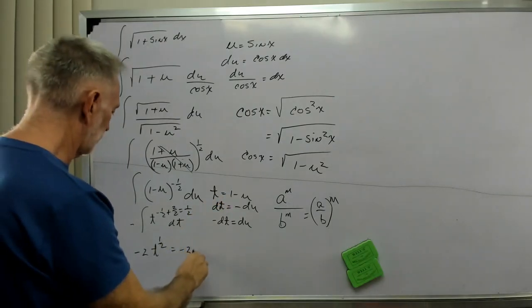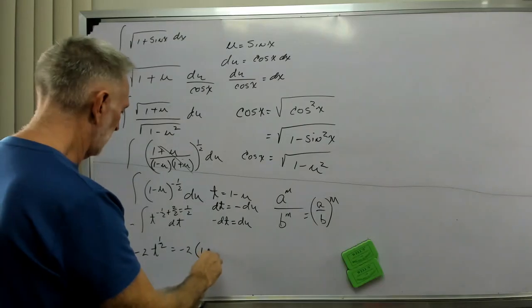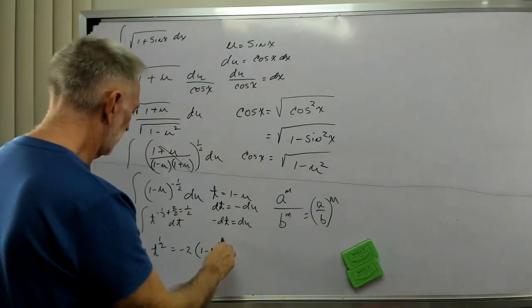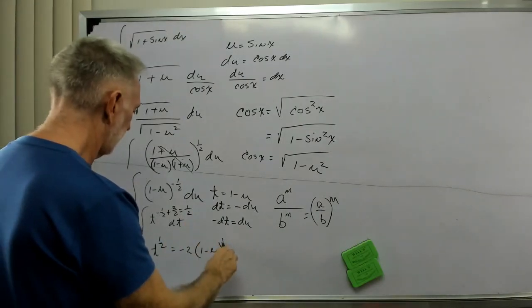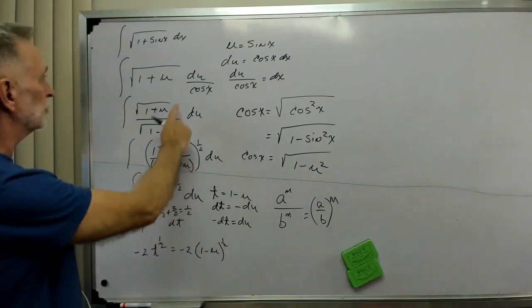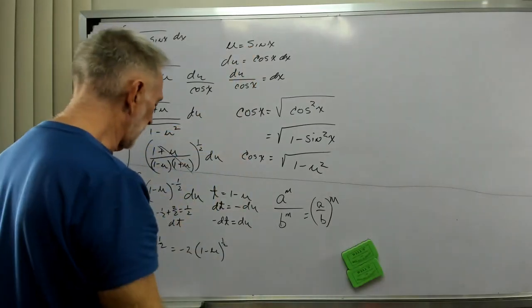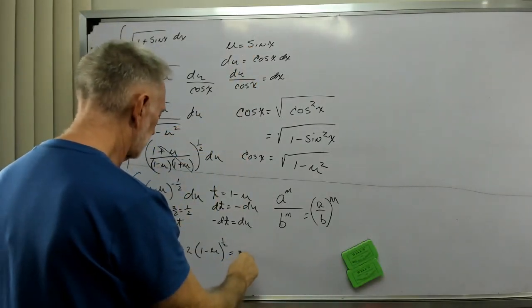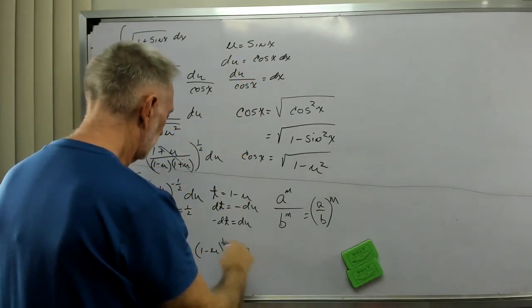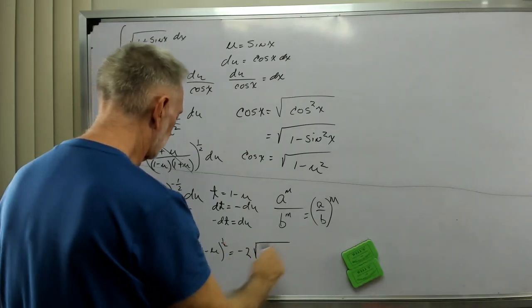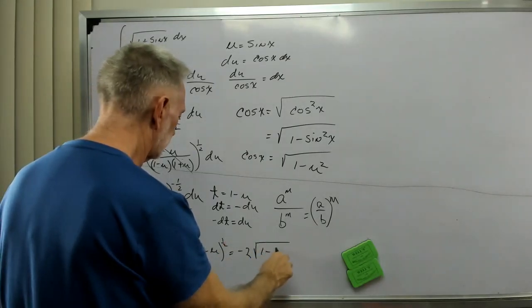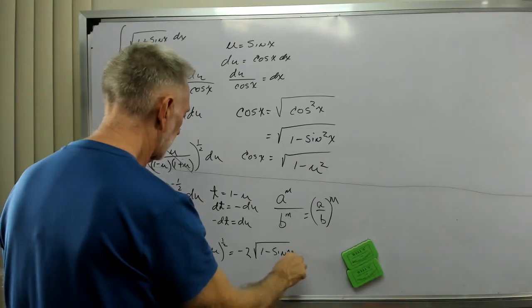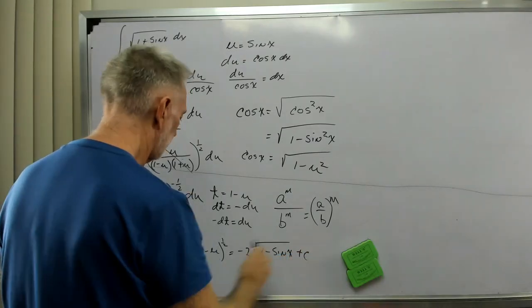So minus 2, 1 minus u to the 1/2. And u was sine x. So this is minus 2, and I'll just put this in a square root, 1 minus sine x, plus c.